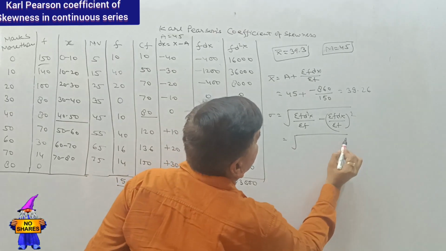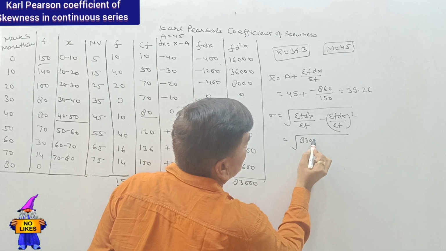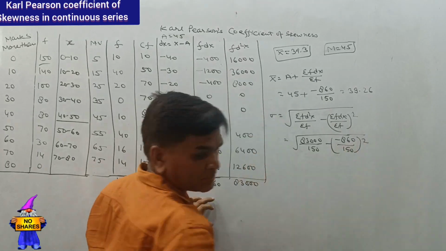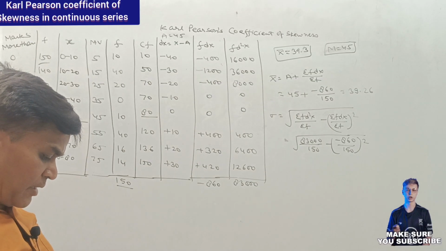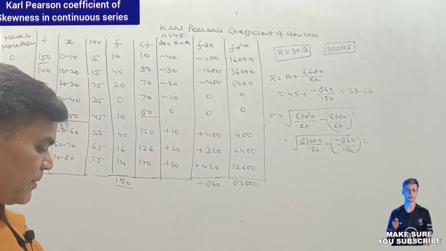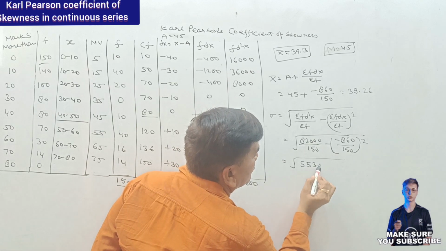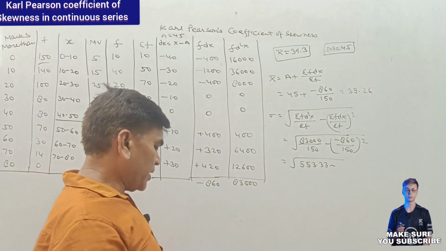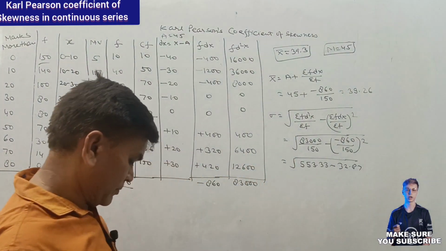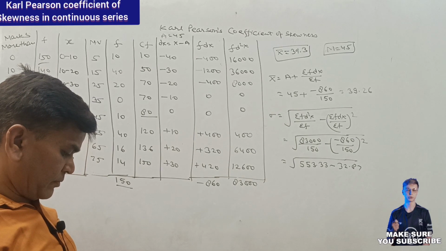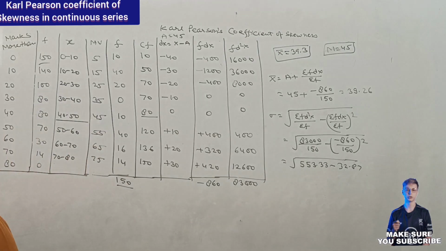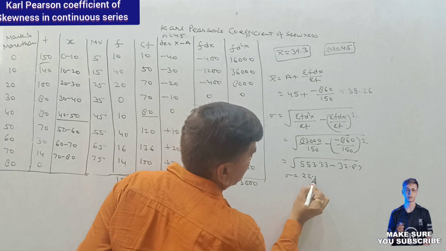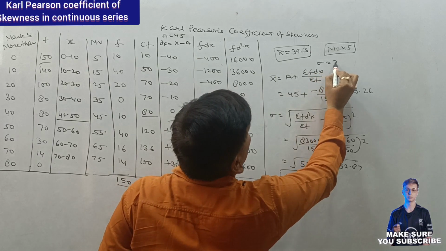So the standard deviation is 83,000 upon 150 minus 860 upon 150 raised to power 2. 83,000 divided by 150 is 553.33. 860 divided by 150 squared is 32.87. So the value of standard deviation is 22.81.